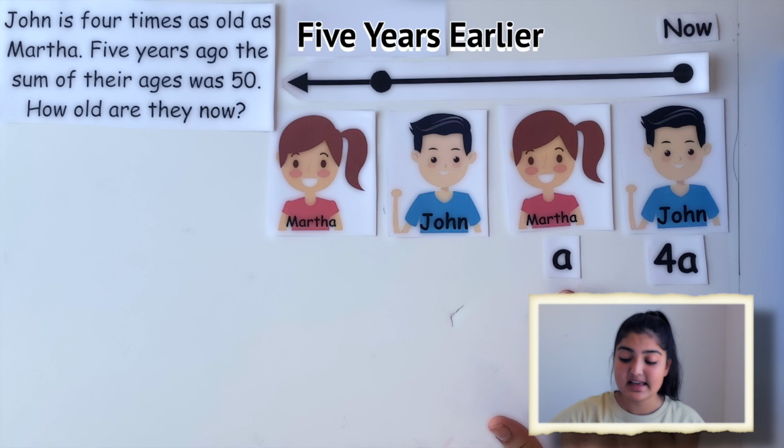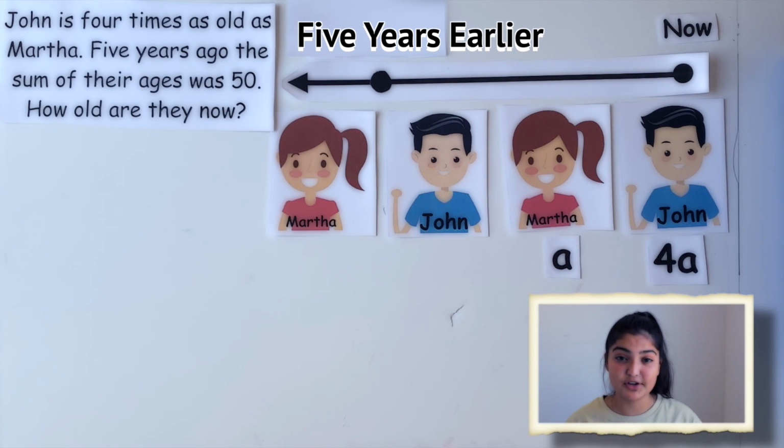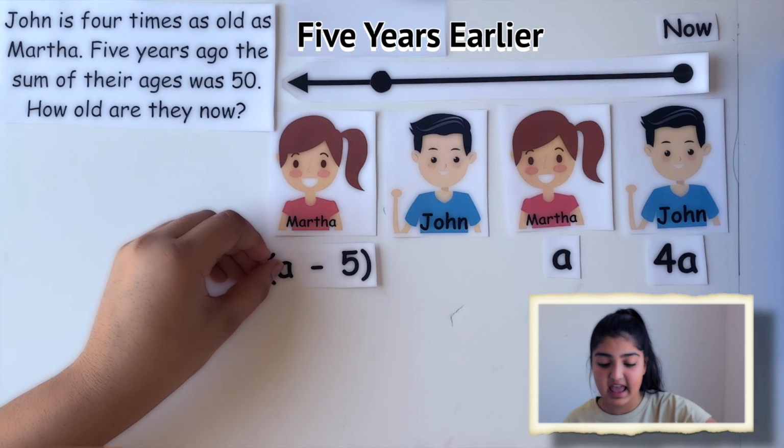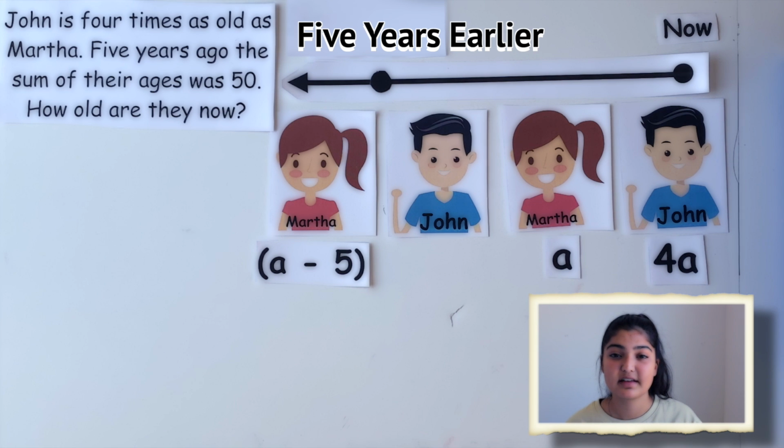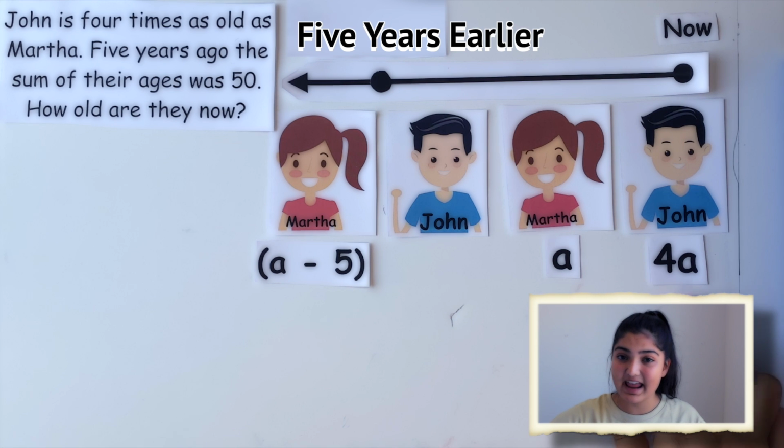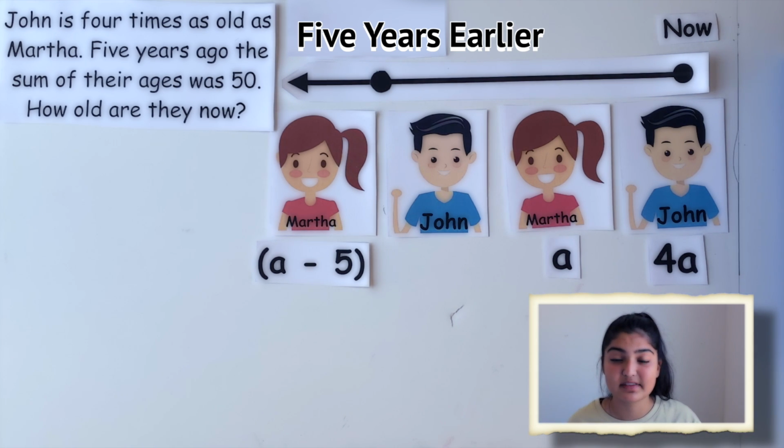Martha is A years old now. So 5 years ago, her age would be A minus 5. Well, what about John? John is 4A years old.